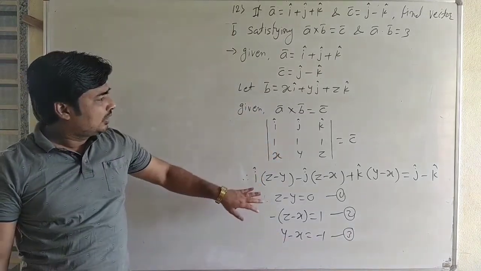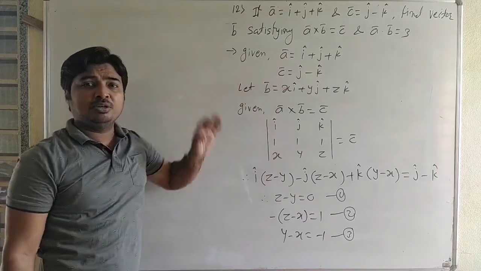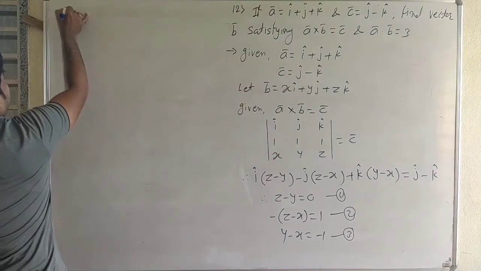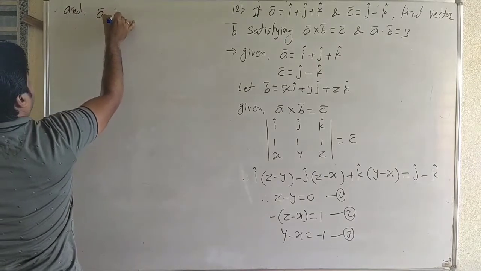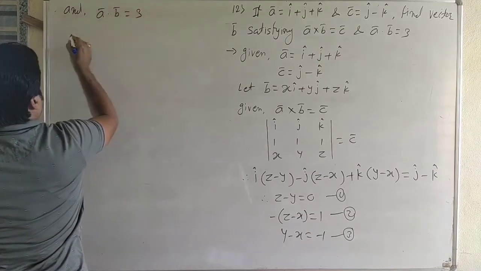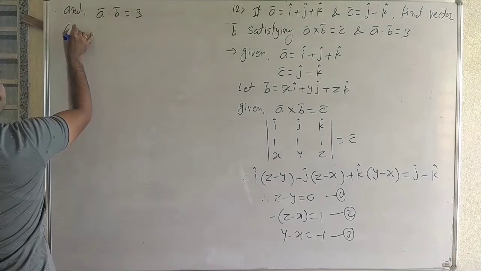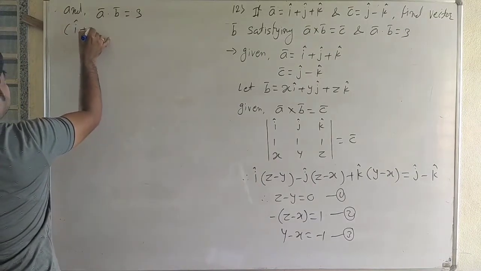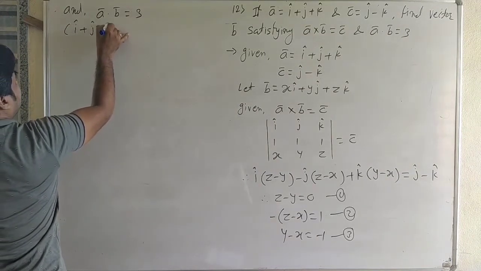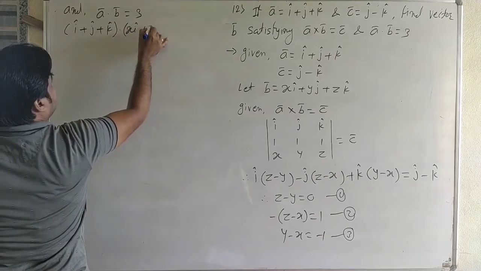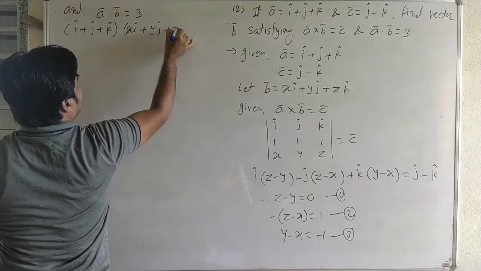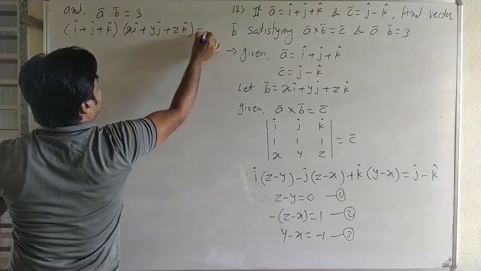Now the second condition is a bar dot b bar is equal to 3. Therefore a bar, i cap plus j cap plus k cap, dot b bar, x i cap plus y j cap plus z k cap, is equal to 3.